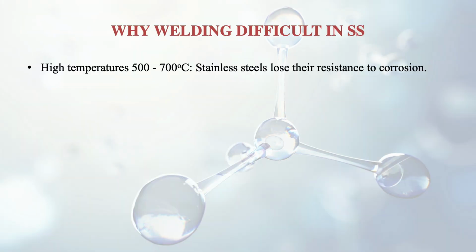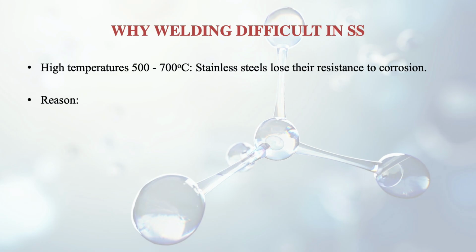So now we see that SS is very good, but we face welding difficulties in the case of stainless steel. Now we will see why it happens and what the temperature range is. In the high temperature range of 500 to 700 degrees centigrade, the stainless steels lose their resistance to corrosion.